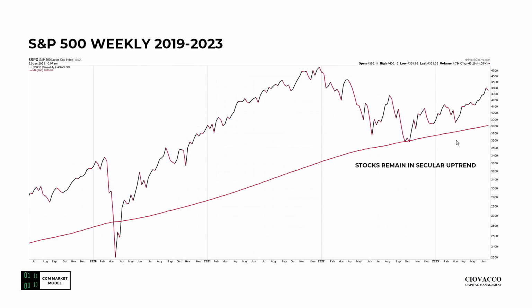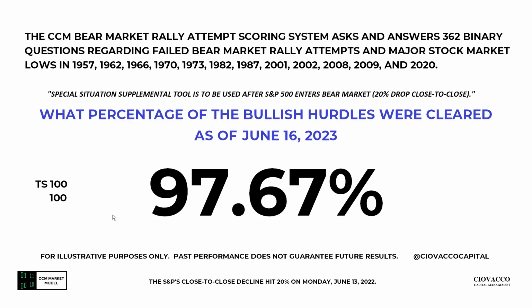In the third week of June, we're still maintaining that secular trend look with price above an upward sloping 200-week shown in red. And the trend strength model that feeds into the CCM market model has two components, both scoring between 0 and 100. One of the components has a little bit longer term focus, both of them checking 100% of the bullish boxes. And you may remember in 2022, we created that special situation supplemental tool to be used after the S&P 500 drops 20%.